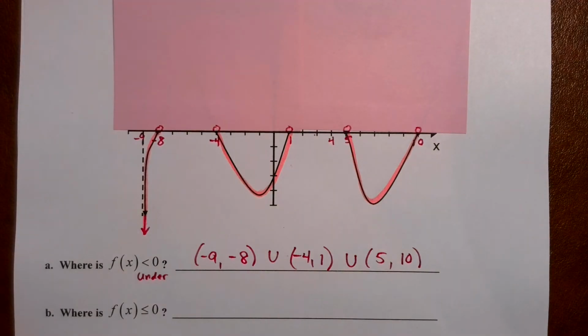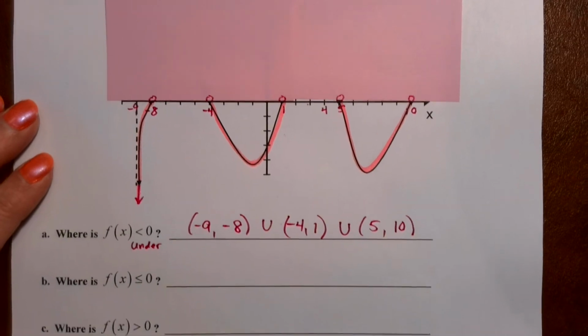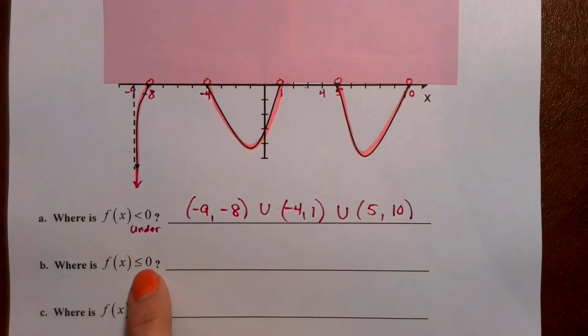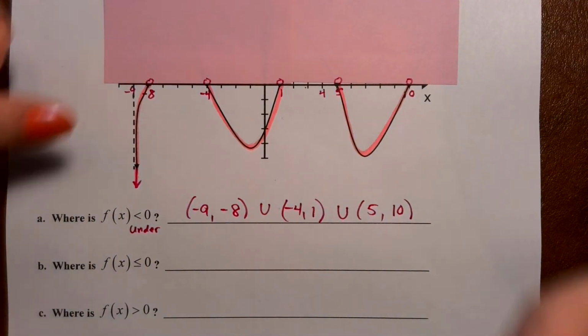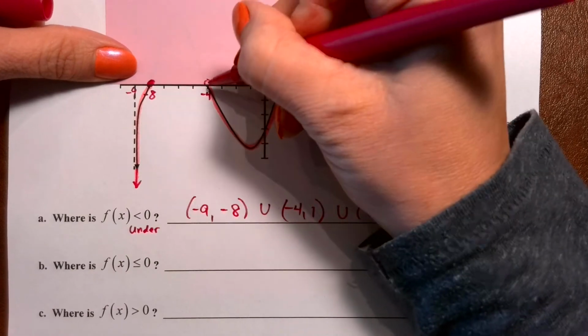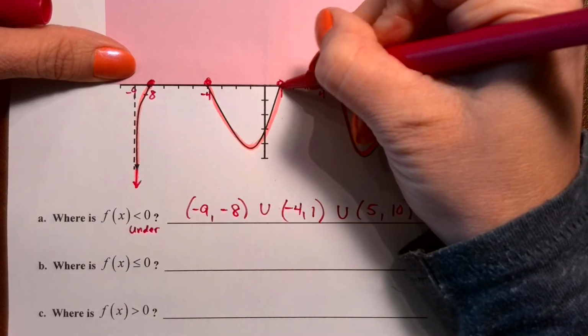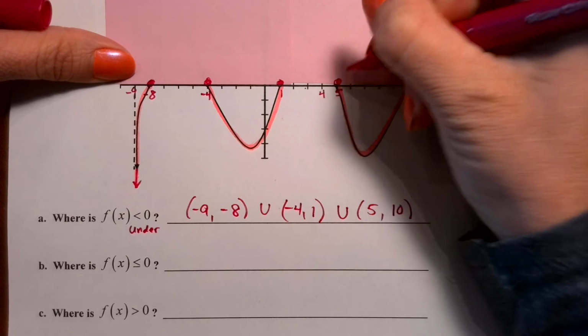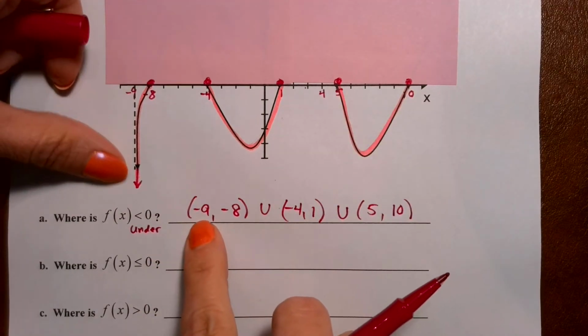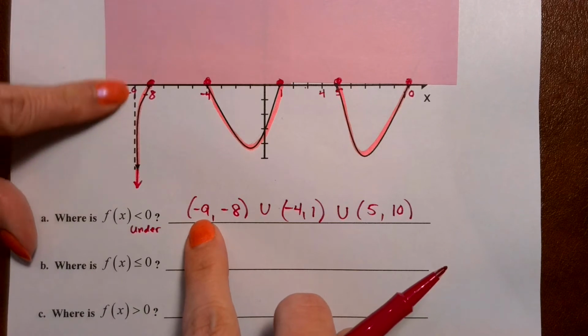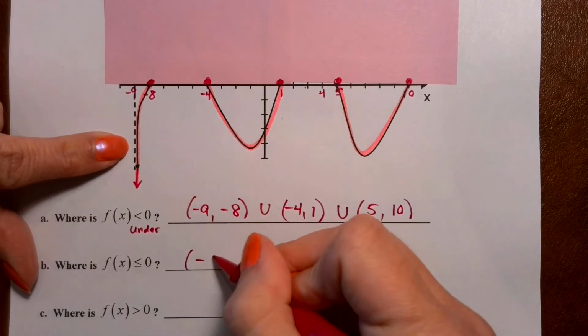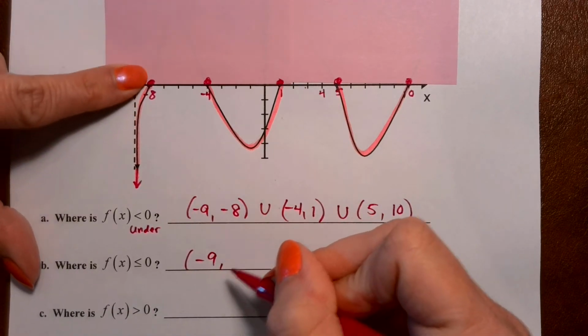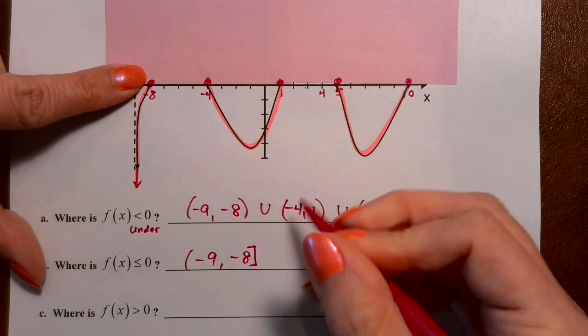Now, how does that change if it says less than or equal to? The only difference is now they want us to equal these points, so these would be filled in points, closed bubbles. So can I include -9? No, the graph does not touch -9, so that would still be a parentheses till we get to -8, but that would be a bracket.